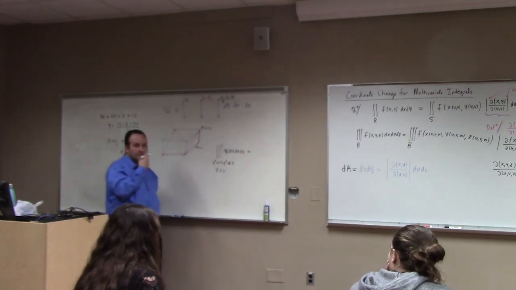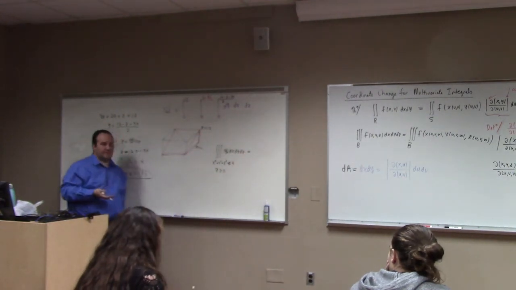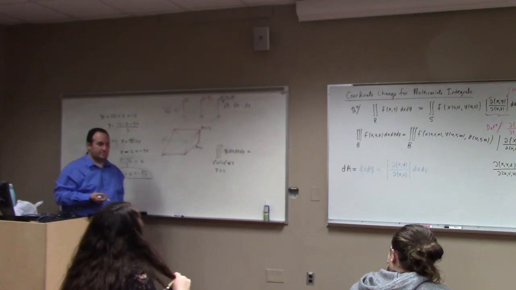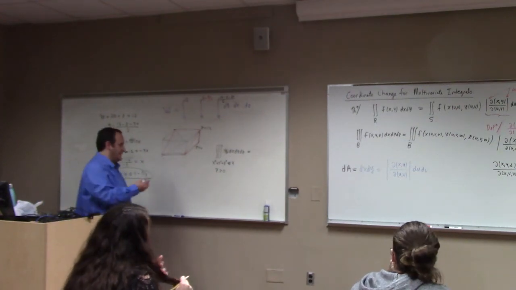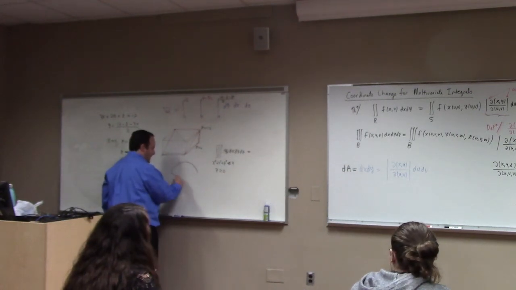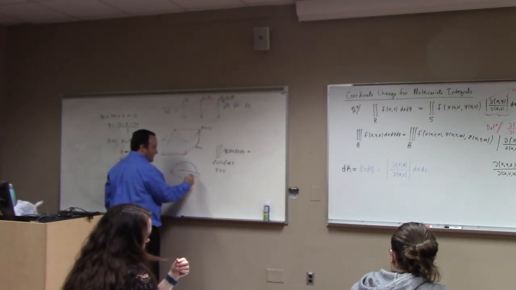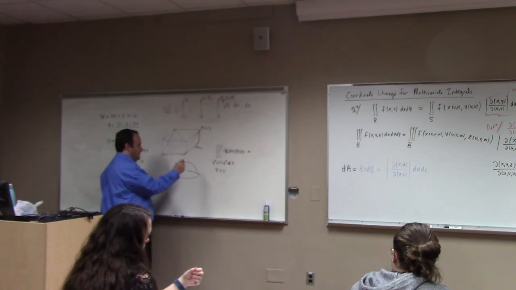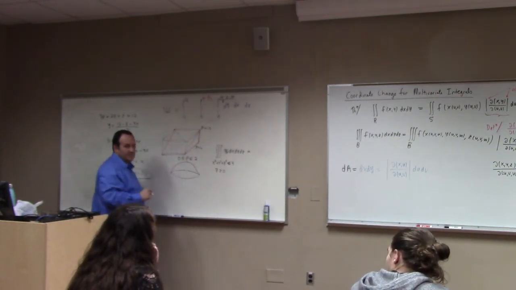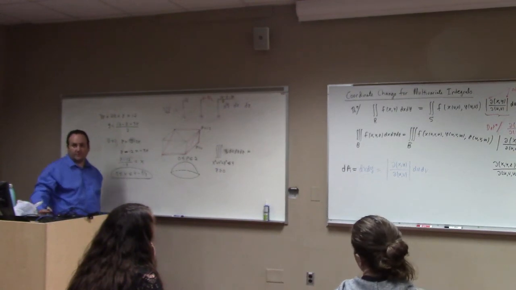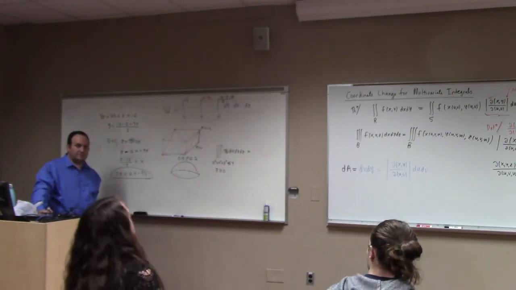All right? How would you do this one? So what is this region? It's the upper hemisphere, right? I made it have basically 0 less than or equal to rho less than or equal to 2, where rho is the spherical radius, remember? Rho is the square root of x squared plus y squared plus z squared.